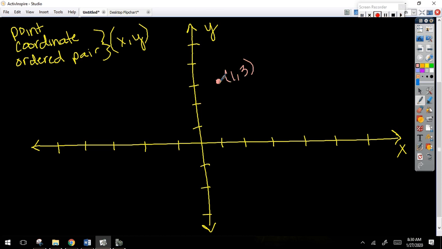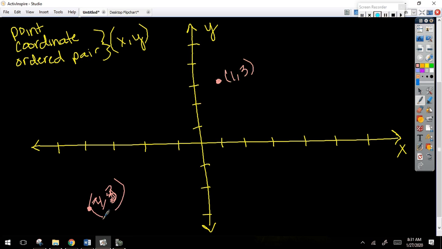Negative what? 3. It's 4 negative. Right here. Good job. Label it for us. It's hard to write. I know. Here, I'll do it on my end. There you go. (-4, -3).